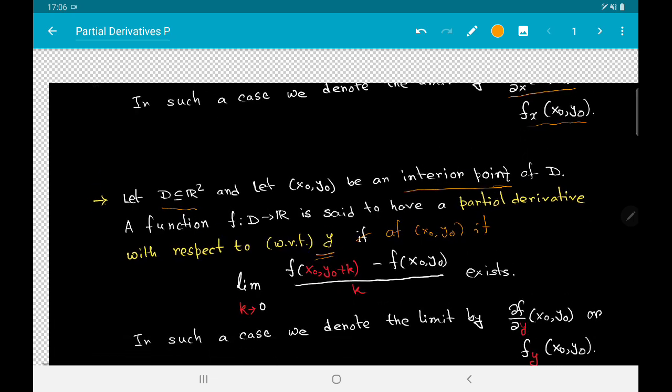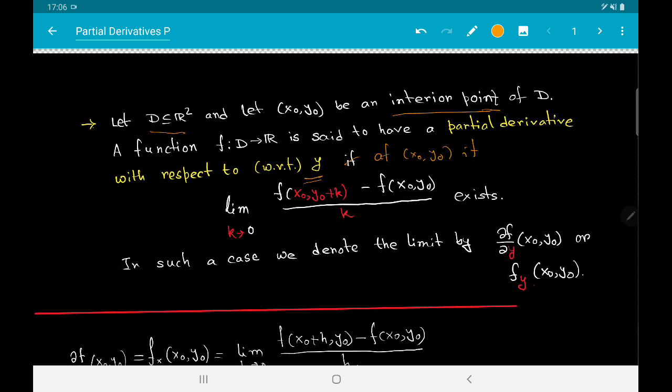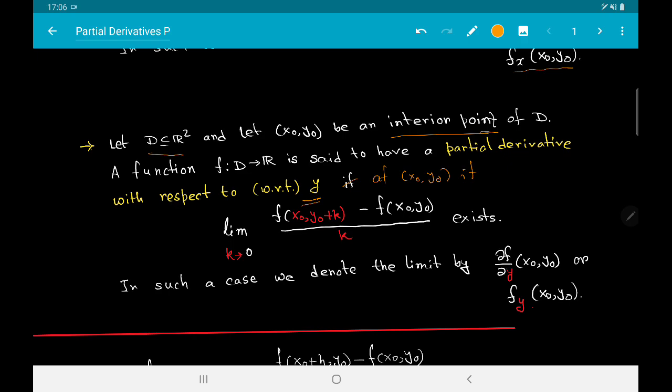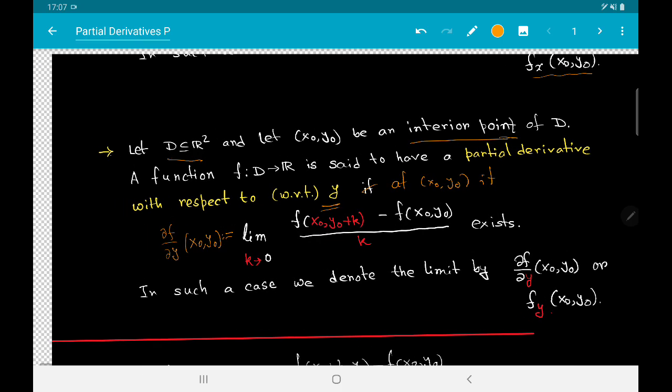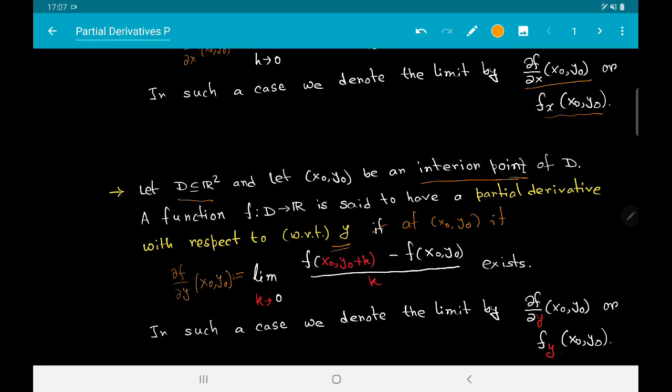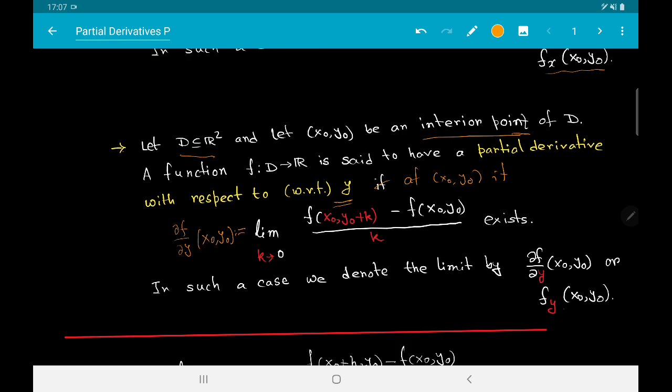In such a case, if the limit exists, we of course say that f has a partial derivative with respect to y at the given point x0 y0, and we denote this limit by del f del y or f suffix y, just as we have done above, del f del y at x0 y0, if at all the limit exists.